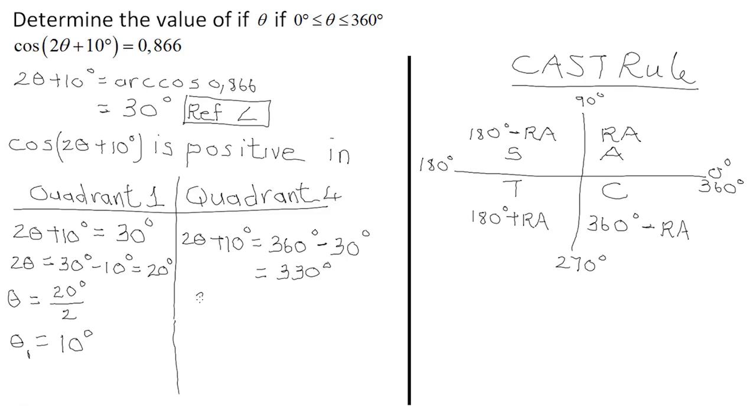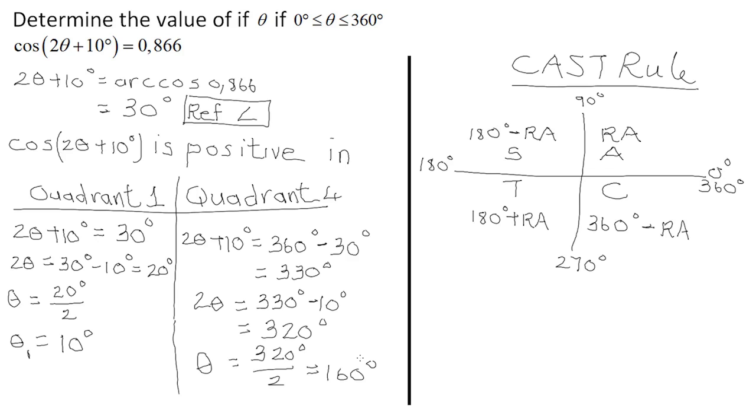Then I first need to remove the term, exactly the same, 2 theta is equal to 330 minus 10, which will be equal to 320, and theta therefore will be equal to 320 divided by 2, and this, if you use your calci, will be equal to 160 degrees.